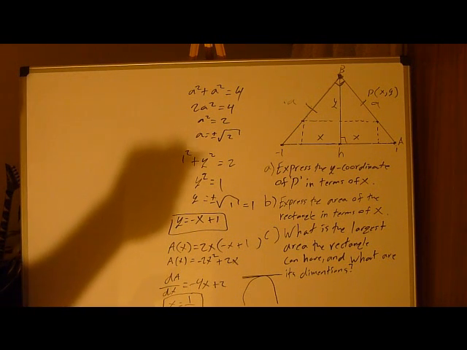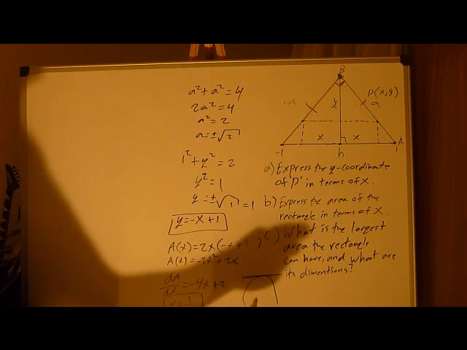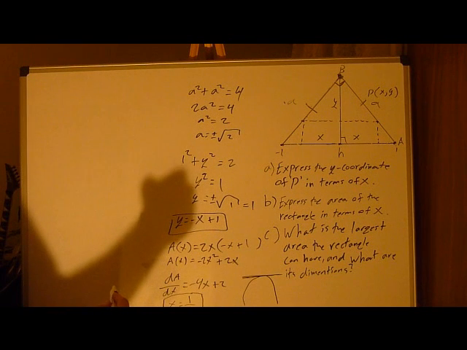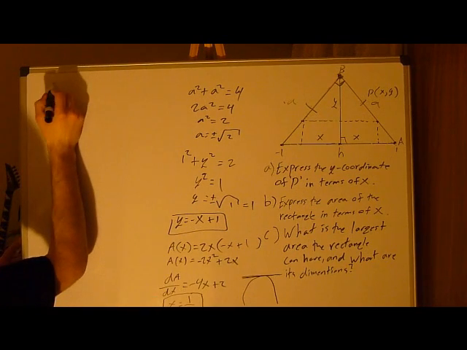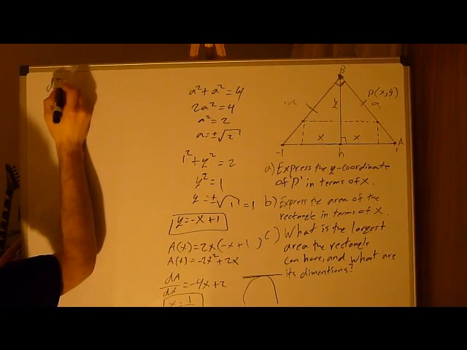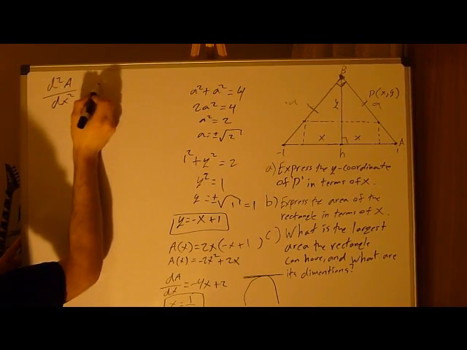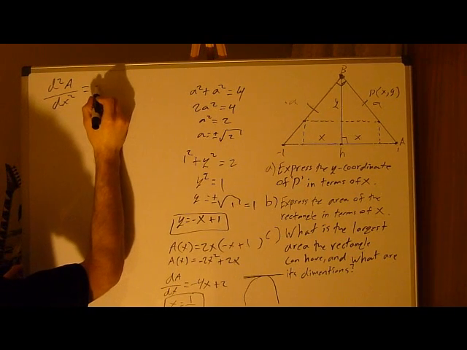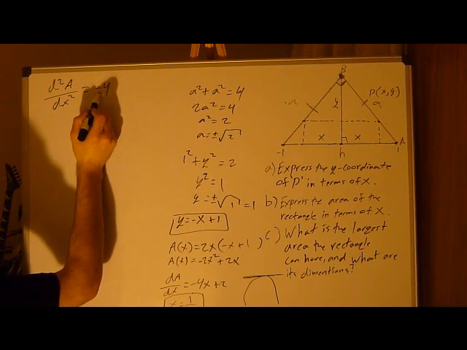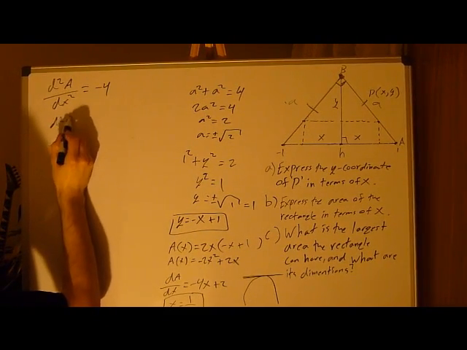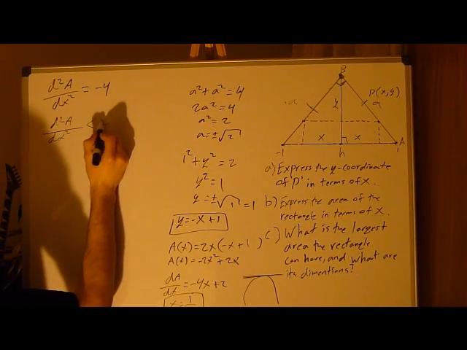The second derivative determines if the function is concave up or concave down, which will tell us if we have a minimum or a maximum. The second derivative, d2A/dx squared, is just going to be -4, so it is less than 0.